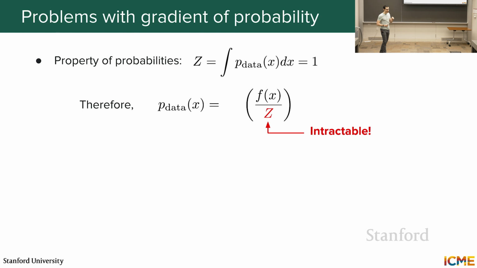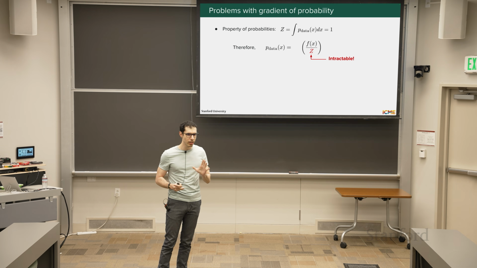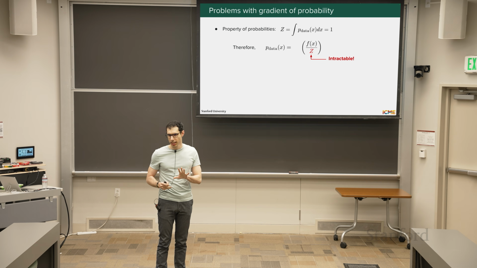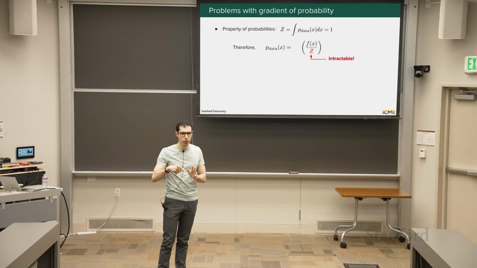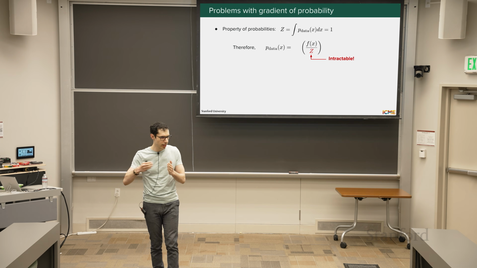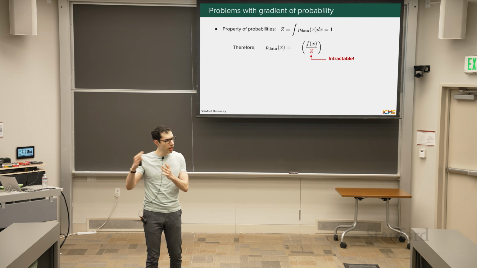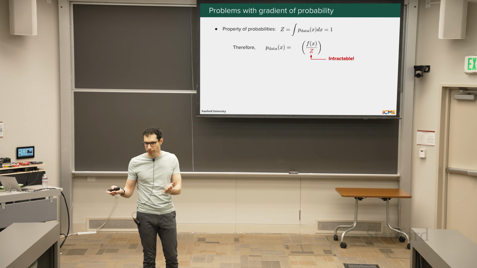The first one is that probability density functions, by definition, are normalized. Meaning that if you take the integral over the whole space, the integral of P of x needs to be equal to 1.